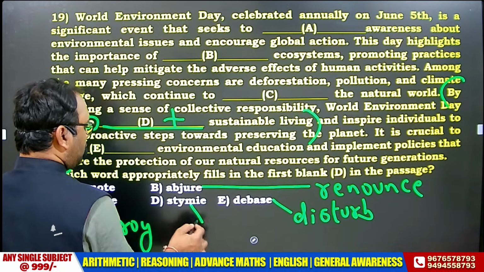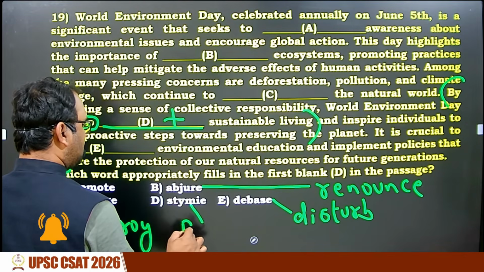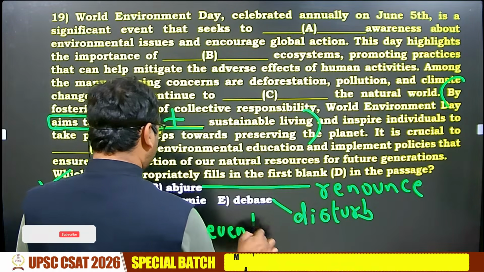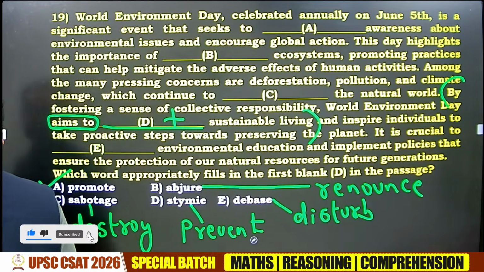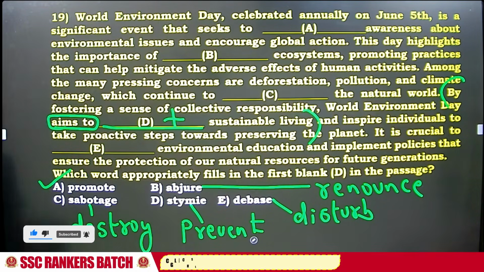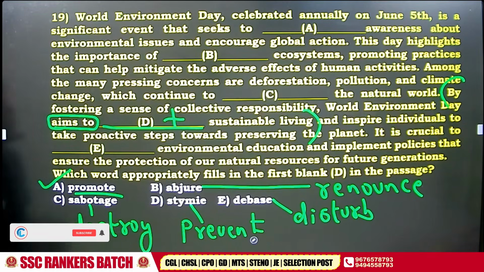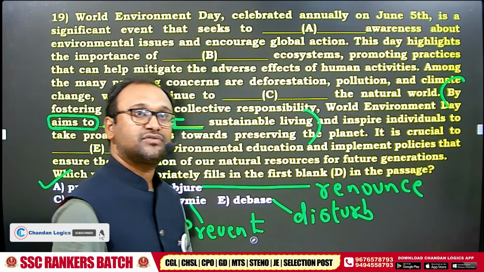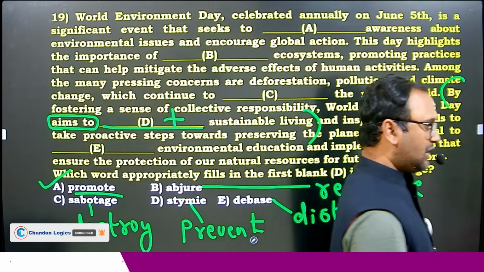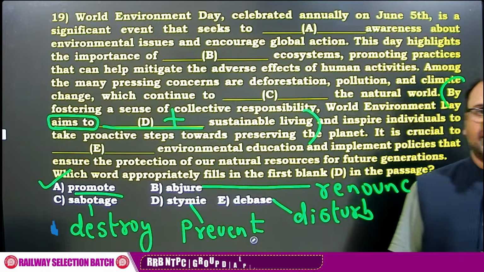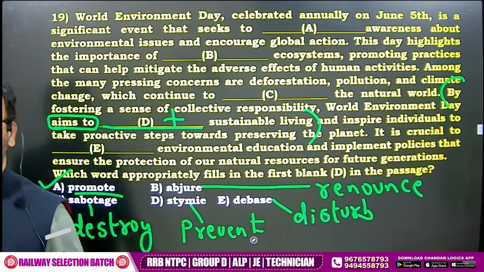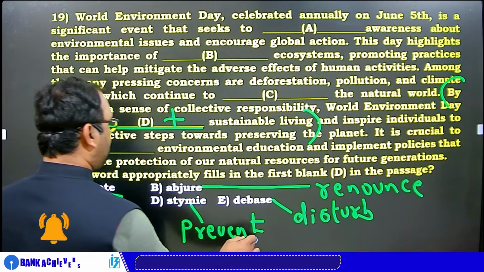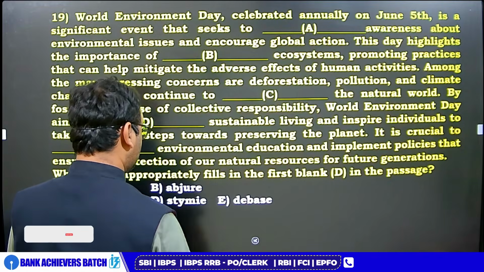Stymie means obstruct, prevent, create some trouble, create some problem. So all four options are negative, only promote is positive. Yes, I said in the beginning of the session, today's session is going to be very challenging, especially vocabulary is huge. Every part of the section, vocabulary is huge.